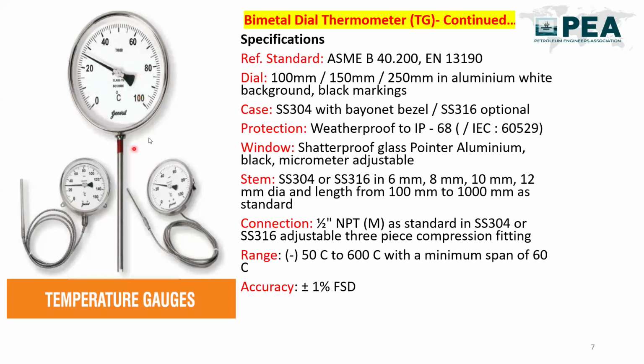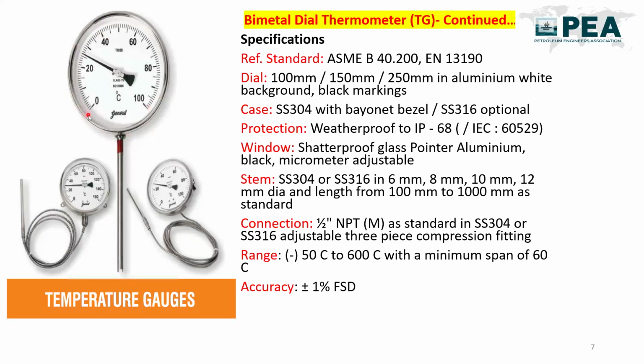Those protections are basically intrinsically safe protections, increased safety protection, and those are for hazardous area classification. Since this instrument doesn't have any wire or cable connected, there is no possibility of a spark, and if there is no spark, there will be no hazard. So we need not select the hazardous area classification for this instrument.